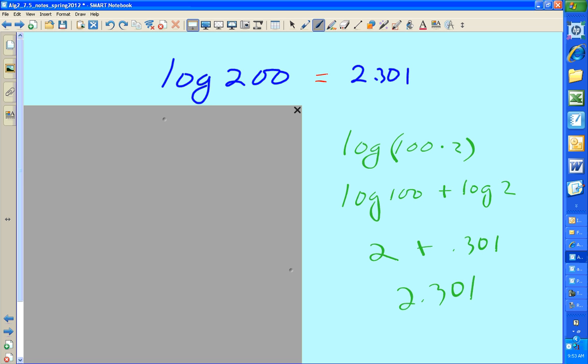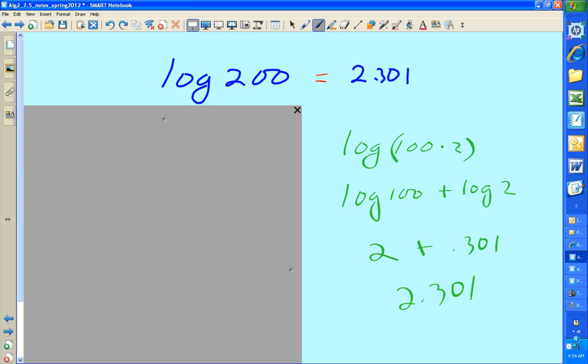Product. Right? You have the log of 200 right here. I'm saying the log of 200, we could call it 100 times 2, right? That's a product. So if this is a product, we use the product property to separate it. Now log of 100, everybody should know is 2. The log of 2, we know it's less than 1, more than 0. It's 0.301 on the calculator. And when you add them, 2.301. Same thing we got here. So I want you to see that the product property works.